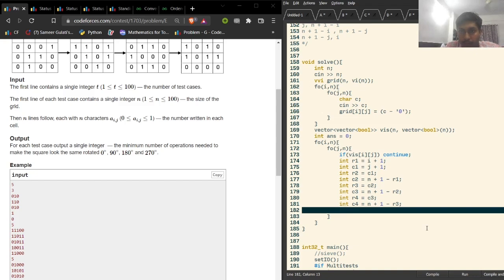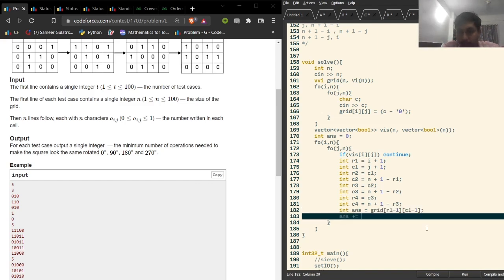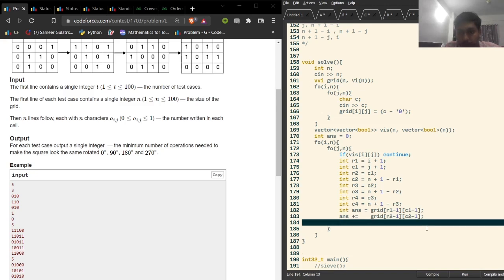So int answer is equal to grid of row 1 minus 1, column 1 minus 1, and then answer plus equals grid of row 2 minus 1, column 2 minus 1, and then just copy paste it. Okay.